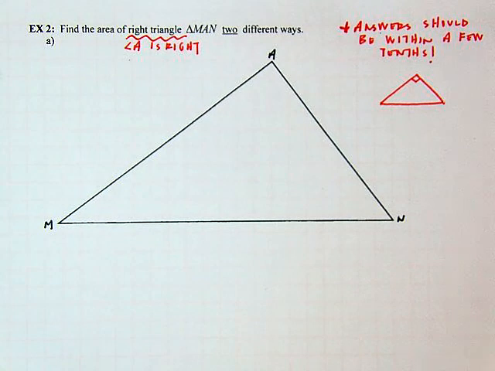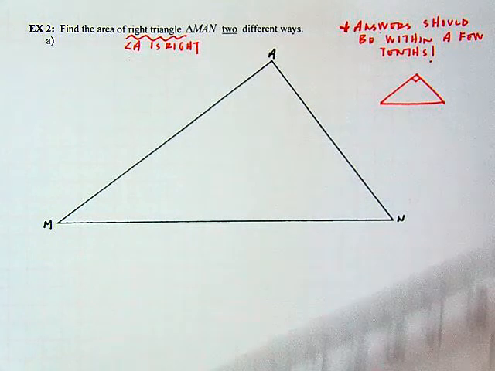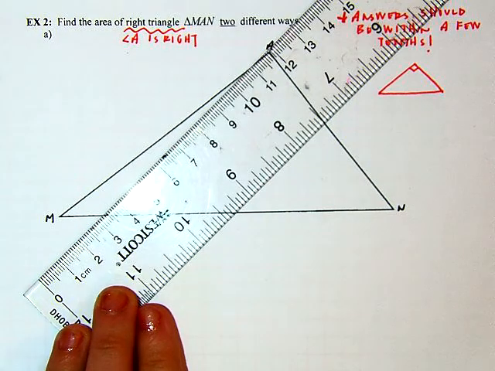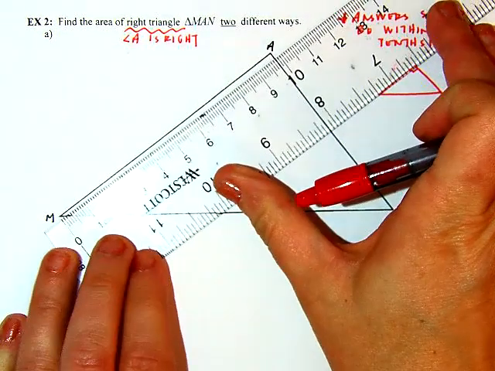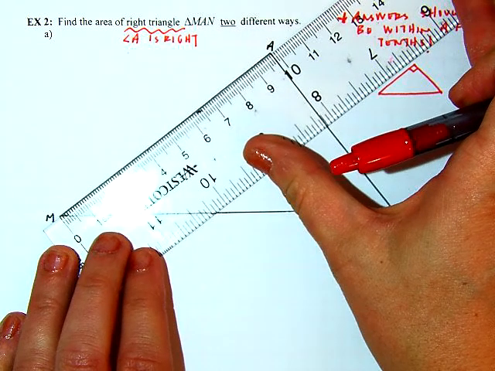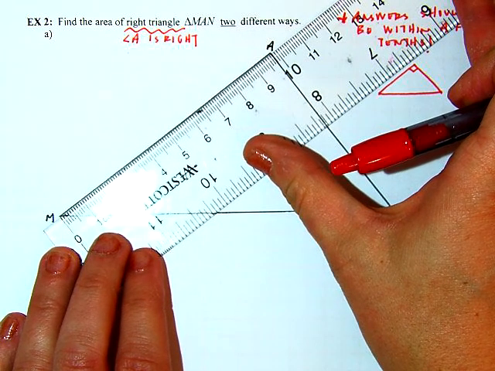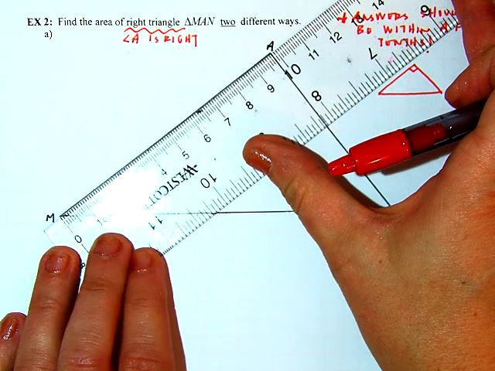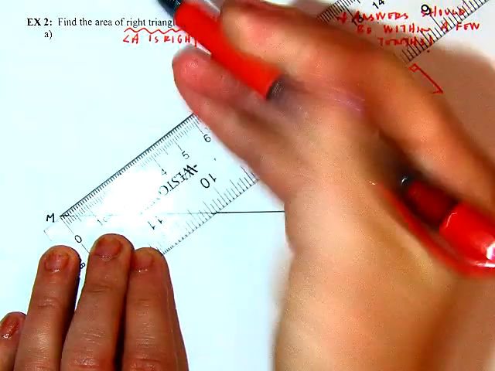So I want to figure out what my 2 legs are, what their measures are going to be. So I'm going to measure with my ruler, using centimeters. Measuring M to A, trying to get as precise as possible, I would put that at 9.8 centimeters.